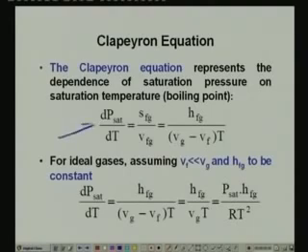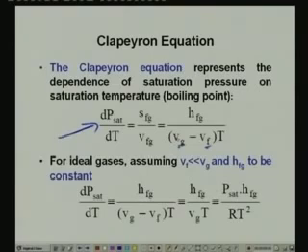This is the equation where dP/dT is nothing but the slope of the saturated vapor curve, the variation of saturation pressure with temperature, and it can be shown that this is equal to the latent entropy of vaporization divided by the difference between the specific volume of the gas and the liquid, vfg, as it is shown here. G stands for saturated vapor and f stands for saturated liquid.